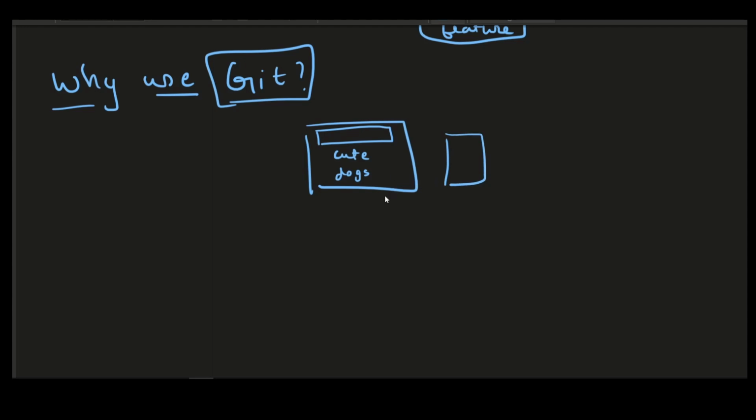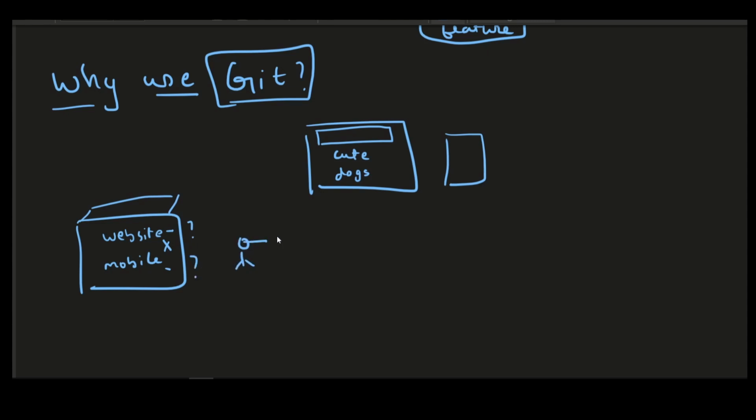Now if you create a single folder for both the website and the mobile thing, chances are that it'll be very confusing for developers. Like they'll be like, wait, is this for the mobile thing or is this for the website thing? I don't know. It is making me very sad.